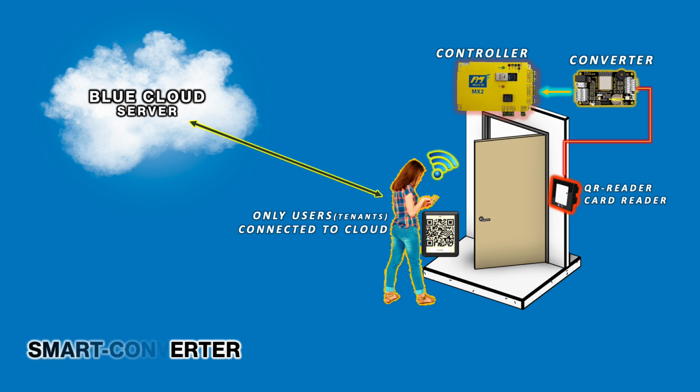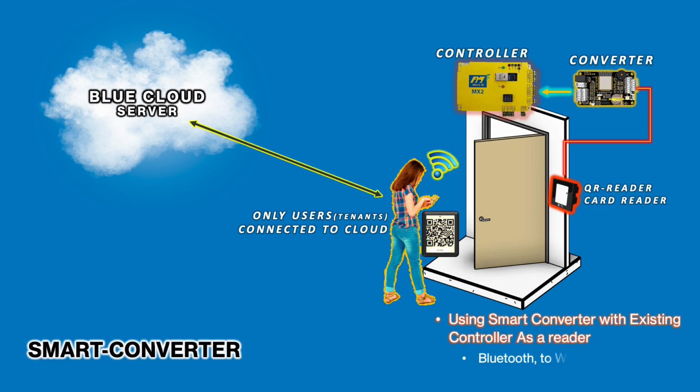Now the converter can be added to the controller, using the smart converter with the existing controller as a reader. The converter is converting the Bluetooth to Wiegand, or encrypted QR to Wiegand. So the controller is not only our own MicroID controllers. You can use existing controllers from any provider as long as they are able to accept Wiegand input.